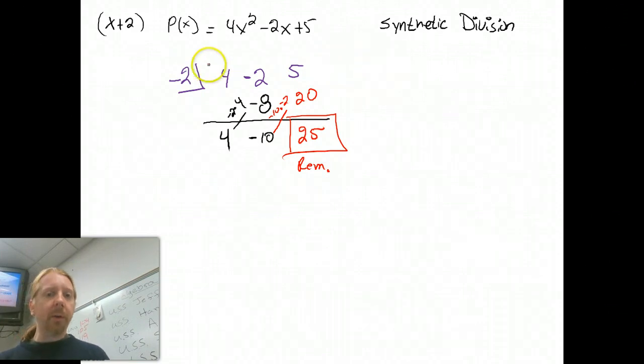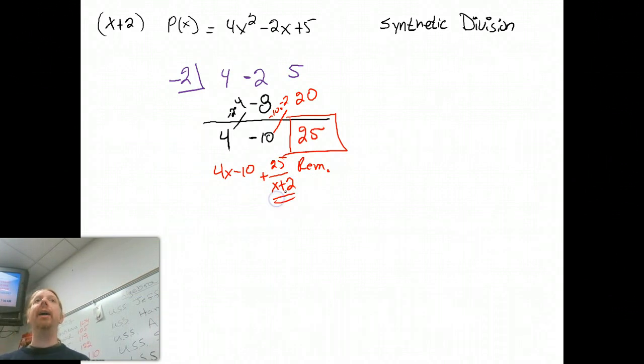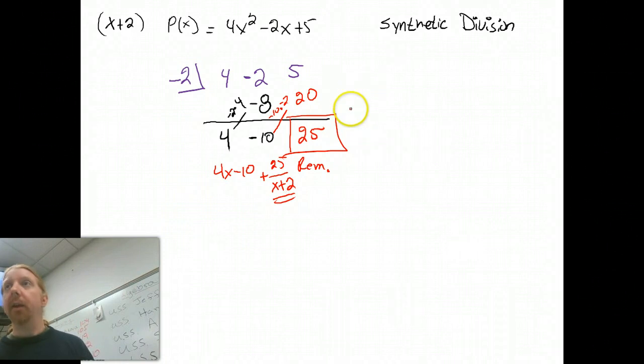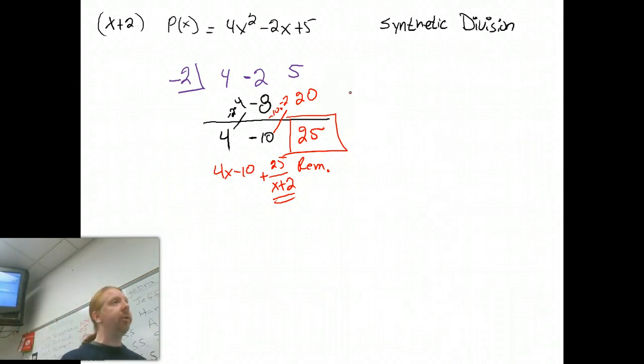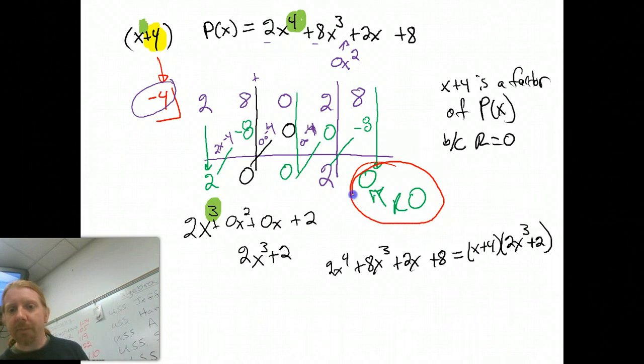Because if I were to write this out, I'm looking at an answer of 4x minus 10 plus 25 over x plus 2. Because remember, your divisor is the basis of that remainder. In the other problem, I'll go back just for a second, if you look, my remainder was 0.